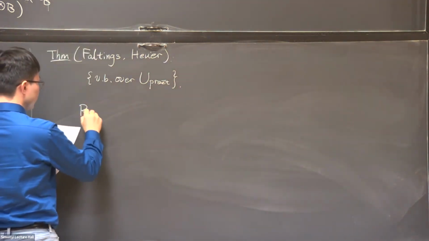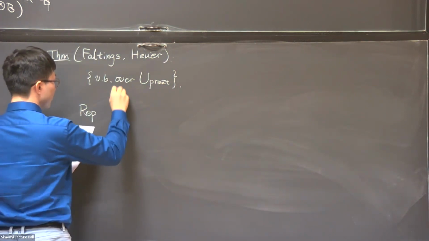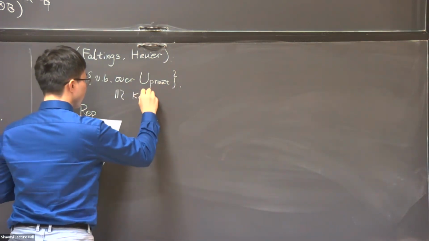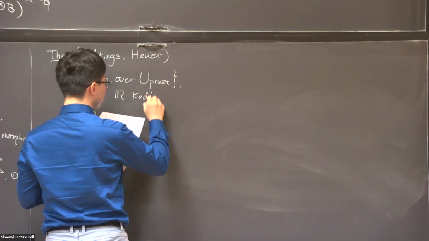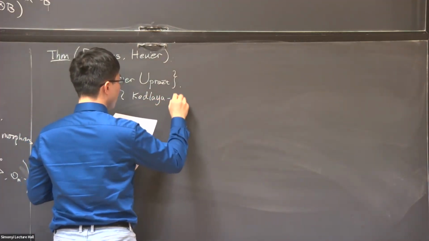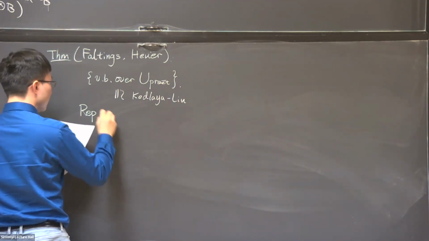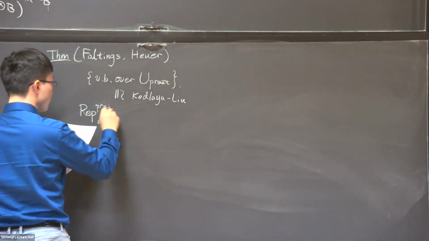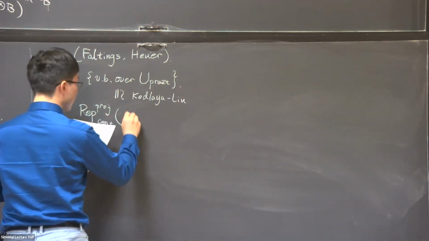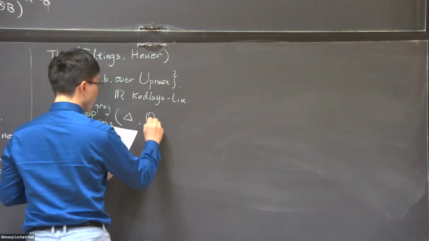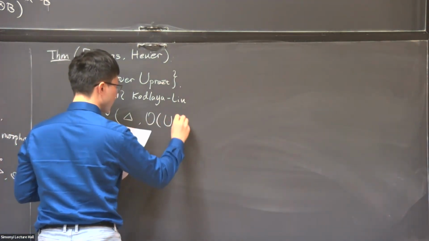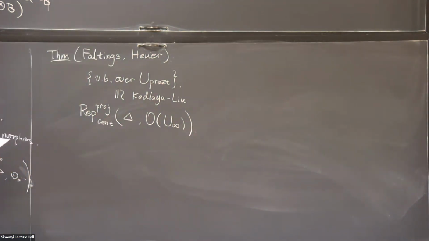And so by a theorem of Kedlaya-Liu, we know that these are just finite projective continuous representations of this Delta with coefficients in the structure sheaf O of U infinity.